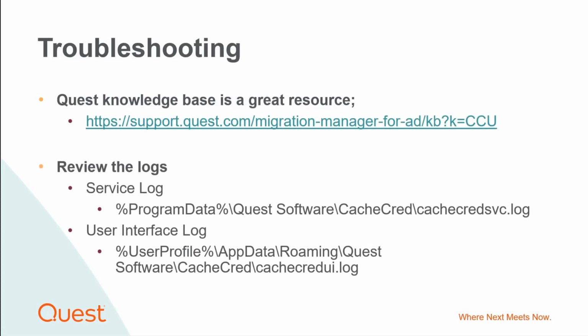So troubleshooting, there are some great resources on the Quest knowledge base. You can reach that at support.quest.com. The other locations for some troubleshooting insight would be to review the logs.